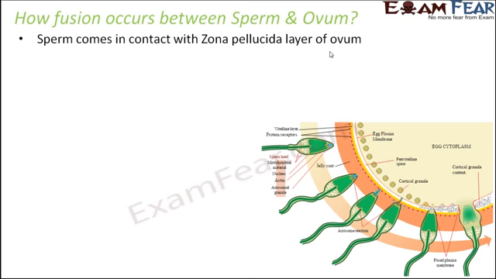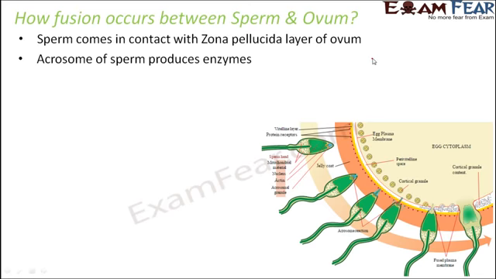Now, typically what happens is the sperm comes in contact with the zona pellucida layer of the ovum. You remember the outer protective layer of the ovum, the zona pellucida layer, which is the thick layer formed immediately after fertilization? Yes, I am talking about that layer. The sperm will come in contact with the zona pellucida layer, and the sperm has its head.